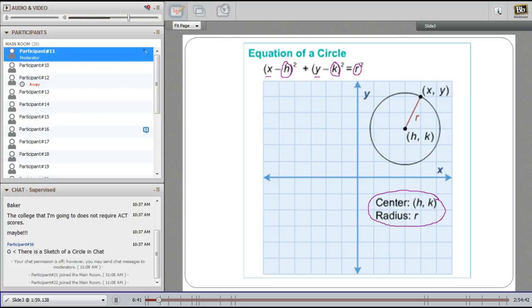You want to treat it like an investment and use it wisely. So, my 2 cents. All right. We really got off topic on the equation of a circle, but that is true, Ben. That is true. It is more work and more homework, but just think of it as you're working toward your career.